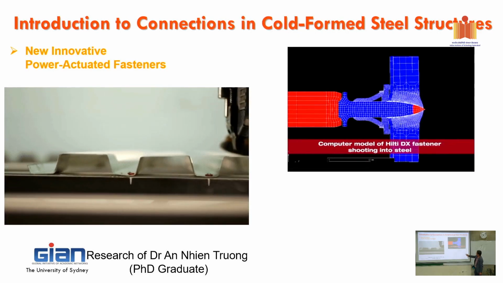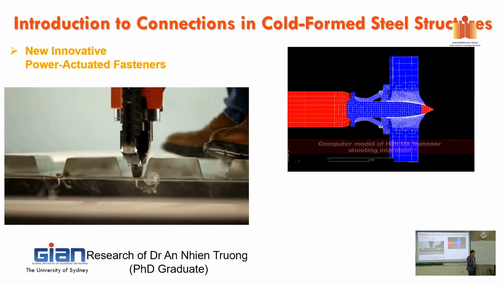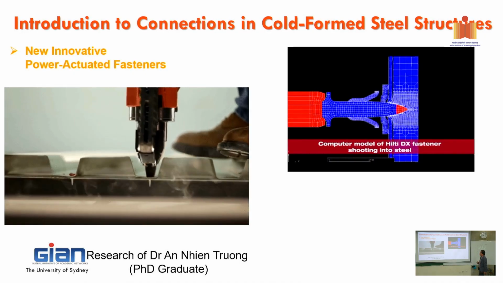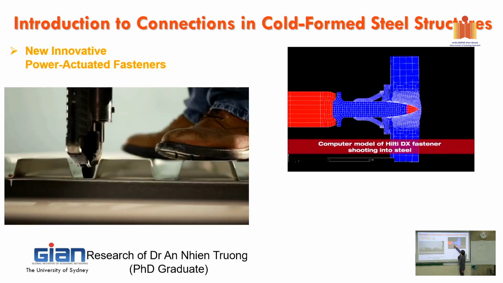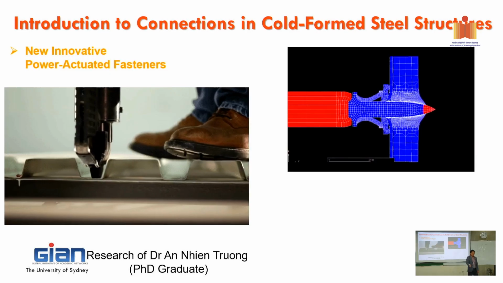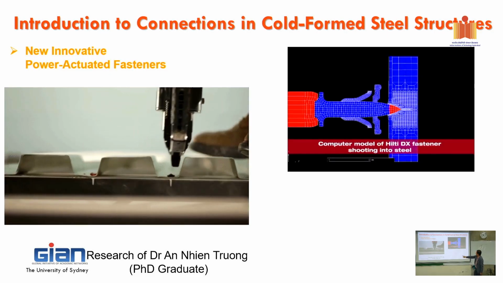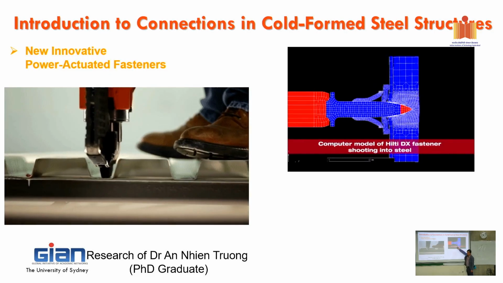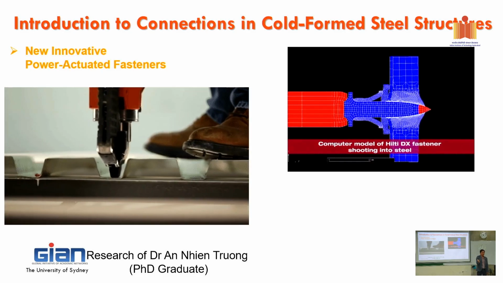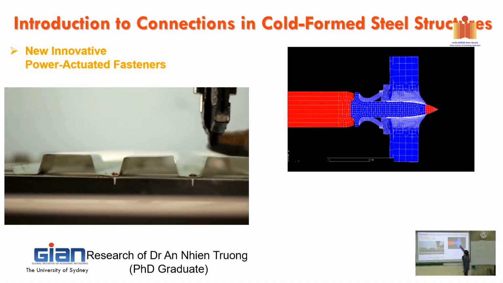So you can see in here, you don't need to pre-drill the holes. The energy from the gun just drives the PAP right into the steel plate, and because of the big impact, a big plasticity happens in here. So actually it's a lot more complicated in here.